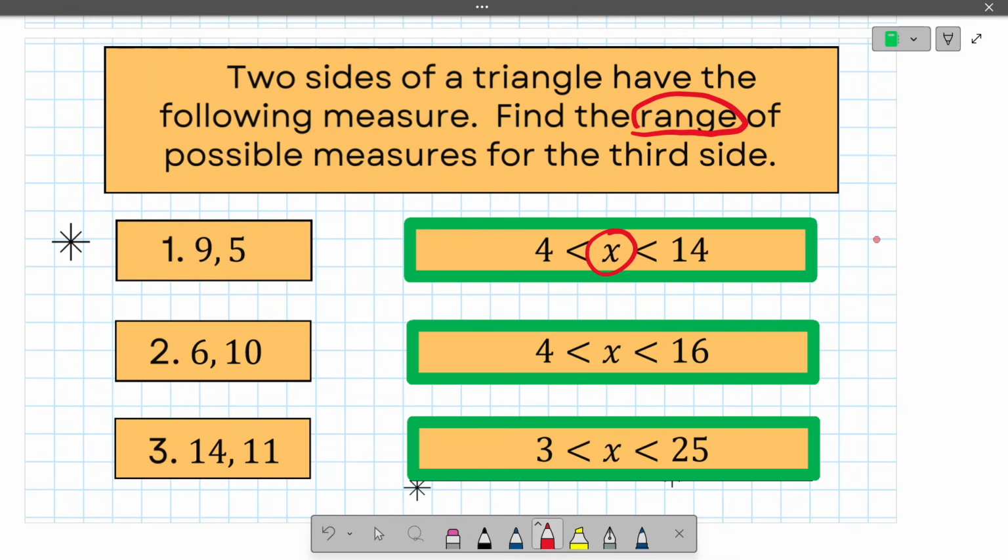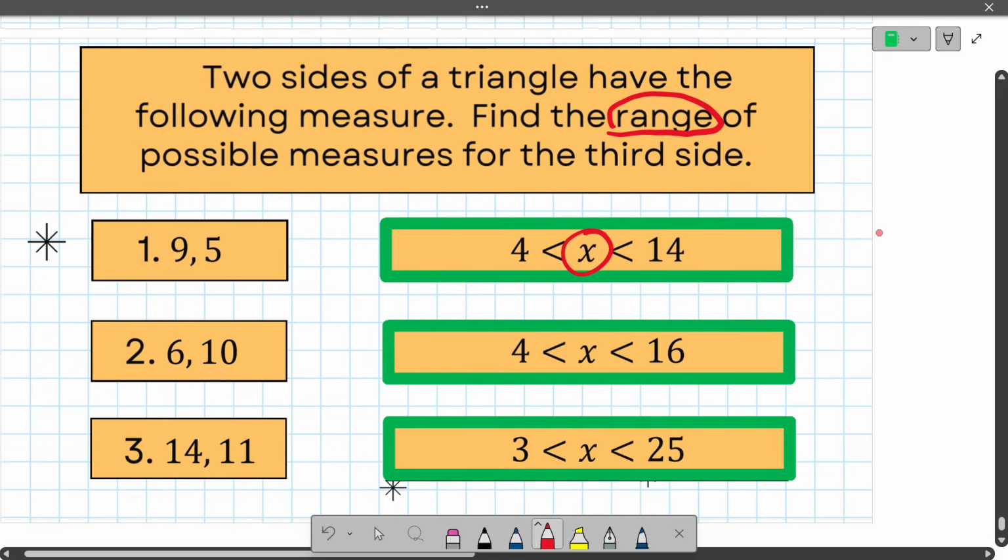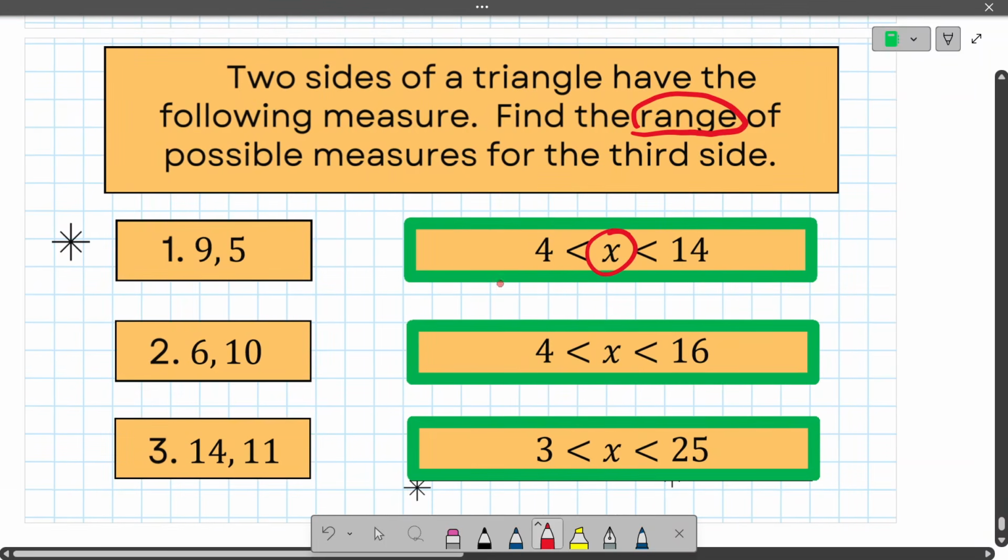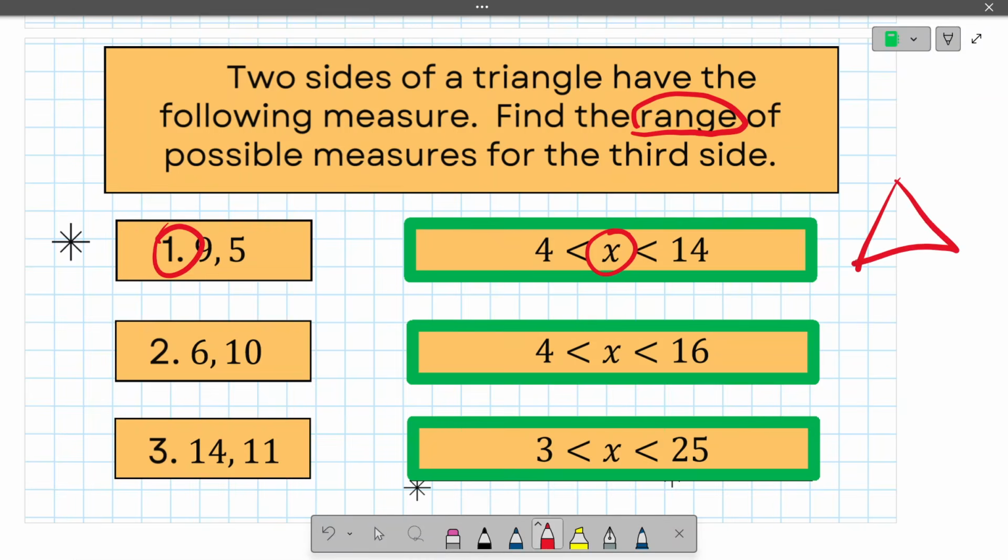ibig sabihin lang nito is, sa number one tayo, no? If we have a triangle, the first measure of the first side is 9, and the second side would be 5.